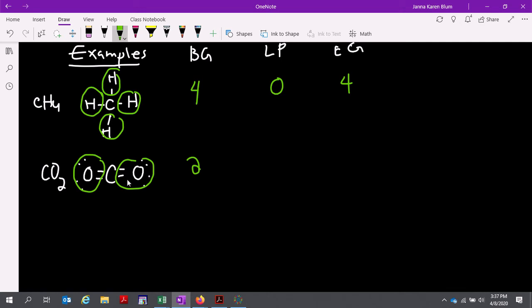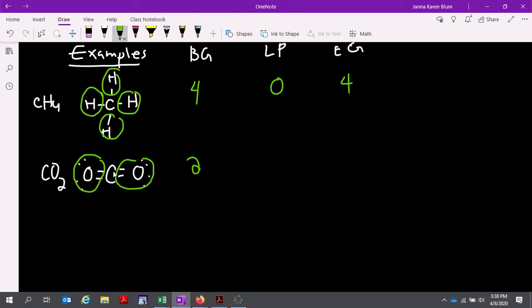A double bond indicates there are 4 total electrons, or 2 pairs of electrons, and that is 1 bonding group. A way to keep this straight is to think of bonding groups as atoms attached to the central atom.